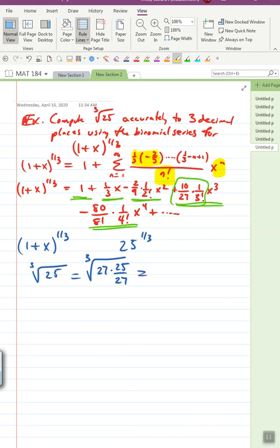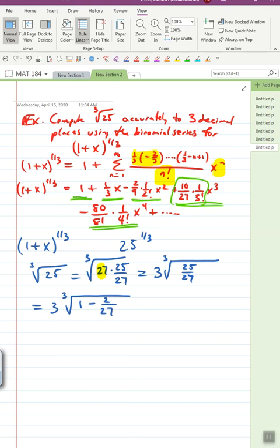Notice if I write it that way, I can take the cube root of 27 and pull it outside. And when I do that, what's left inside is 25 over 27. Notice that that is 3 times the cube root of 1 minus 2 over 27.